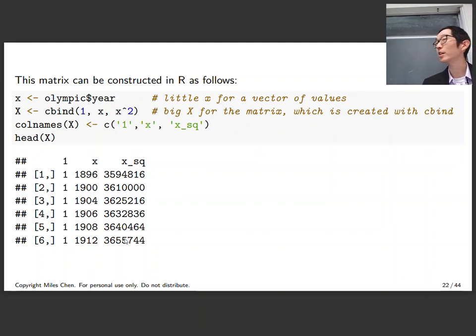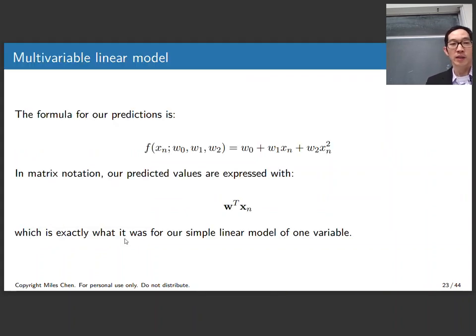I get a column of x squared values. Okay. When we want to solve this, my predicted values are now, I have 3 weight terms. I've got W0, the intercept, W1, the coefficient for x, and I have W2, the coefficient for our x squared value.